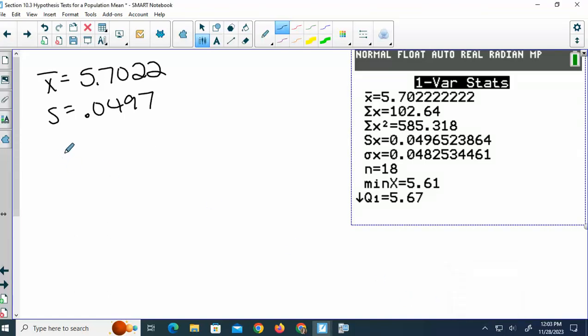So then we would have to find our T statistic by hand.